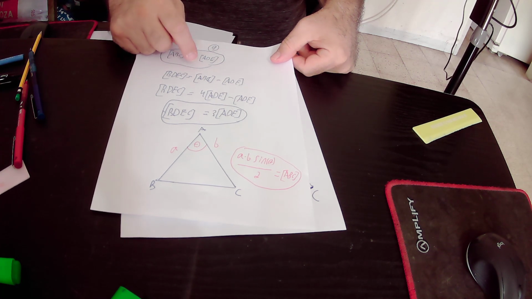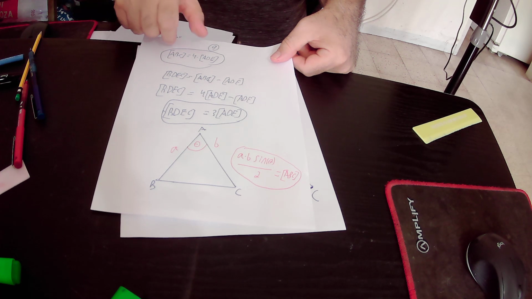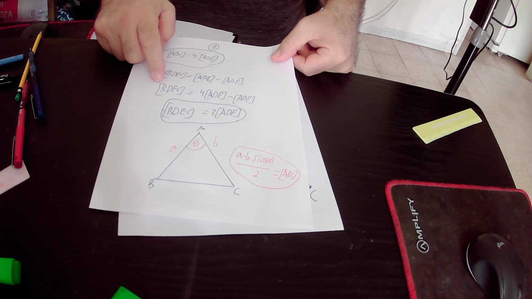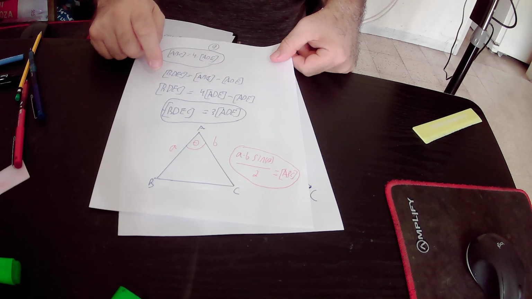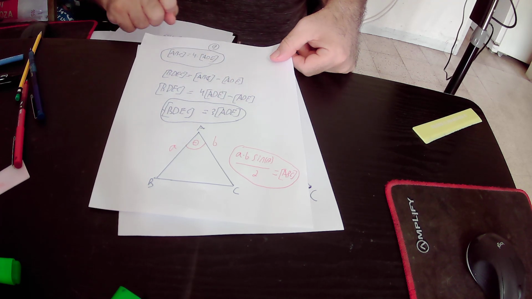So we can substitute the area of triangle ABC by 4 times the area of triangle ADE because they are equal to each other. And we get that the area of quadrilateral BDEC equals 4 times the area of triangle ADE minus 1 times the area of triangle ADE, that is 3 times the area of triangle ADE.